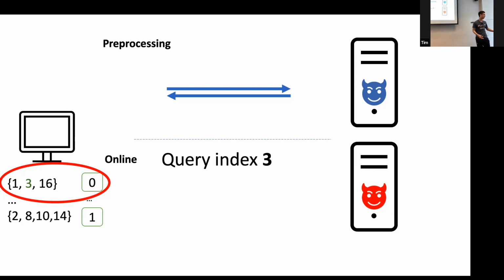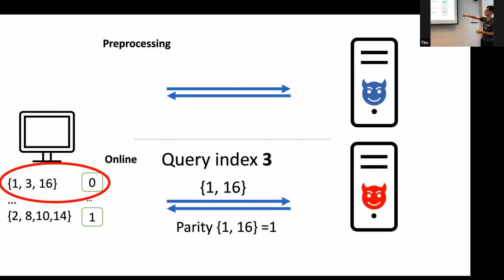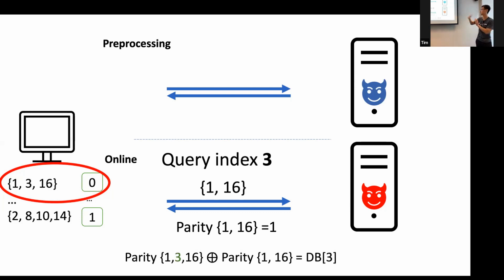It deletes 3 from this set and sends the remaining set to the online server, and the online server returns the parity of this set. Then the client simply takes the XOR sum of these two parities, because the parity of 1, 3, 16 XOR the parity of 1, 16 results in exactly the answer for 3.